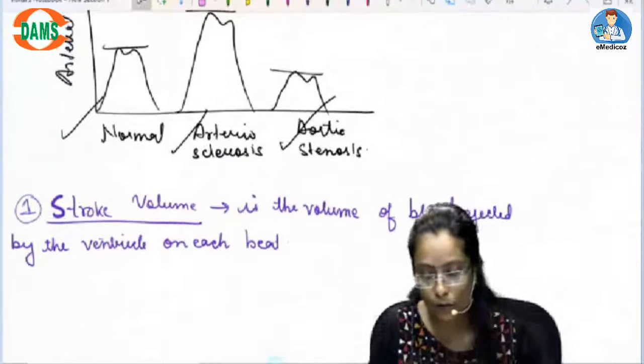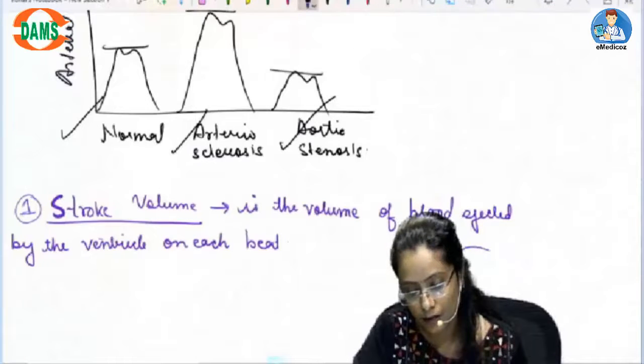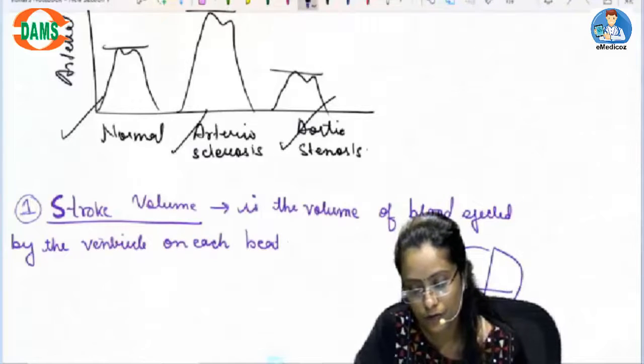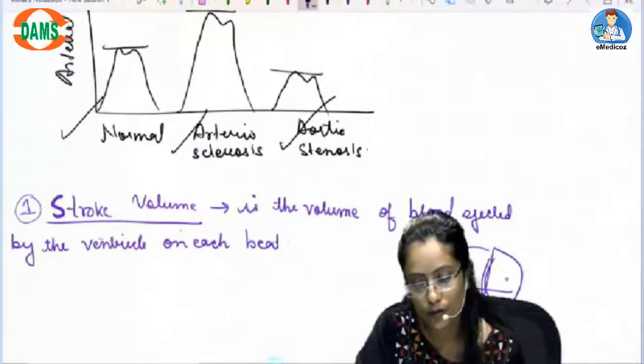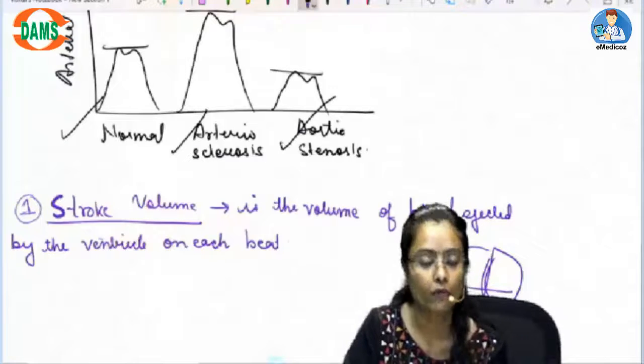This is the volume that goes to the aorta, and this is known as the stroke volume.